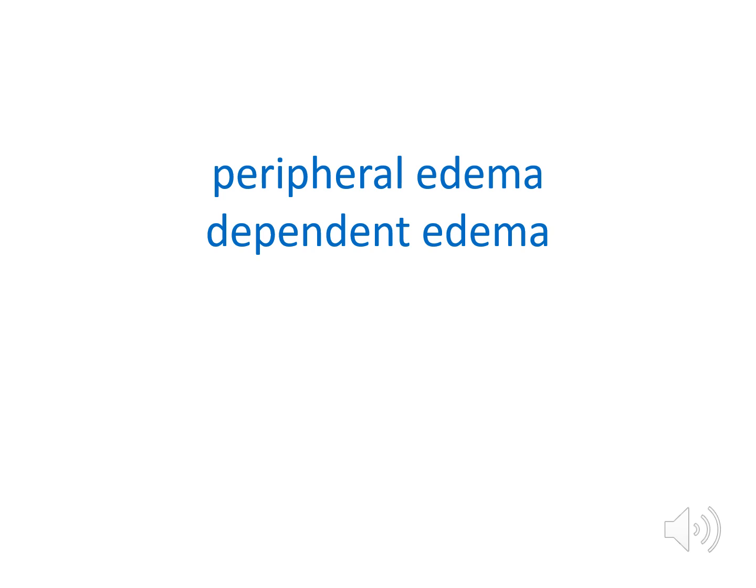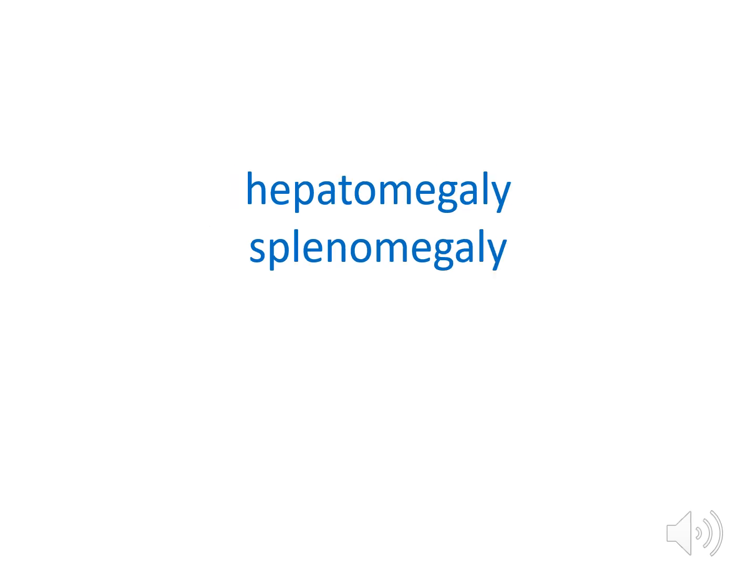That's the area that's going to be below the level of the heart. So when you start seeing fluid getting pushed out of the veins into the tissues and edema starting to develop, where you're going to find that edema is going to depend on what position the patient's in. Does that make sense?